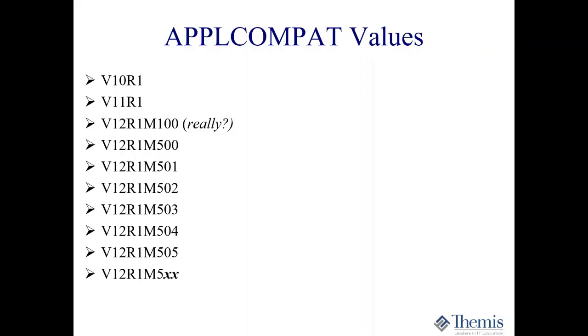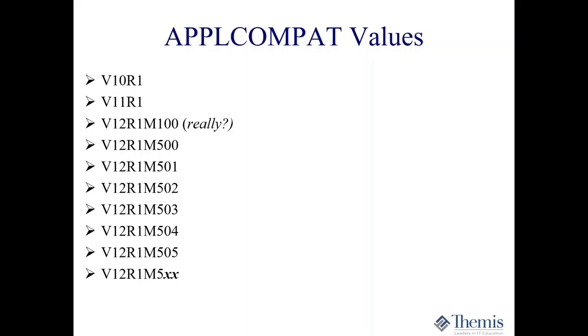There may be subtle differences between V11R1 and V12R1 M100, particularly, I guess, in the case of incompatibilities. But I can't think of a good reason to actually use this value in an application. If you can think of one, email it to me. I'd love to, or if you have actual experience with this, I'd love to hear the story. But basically, I wouldn't normally move beyond V11R1 until I want to use something that version 12 offers, right?